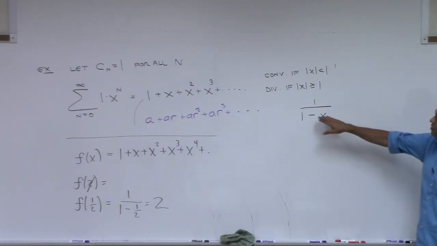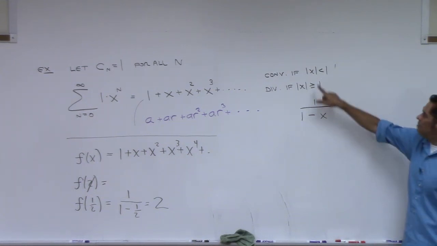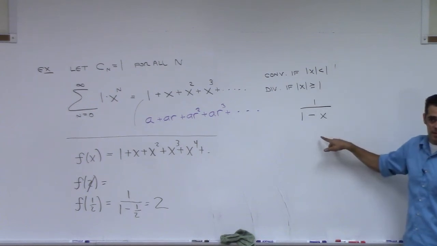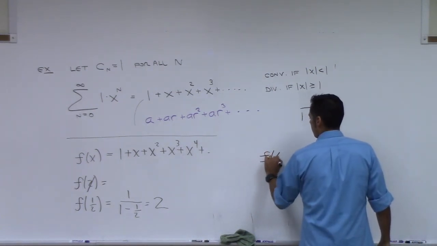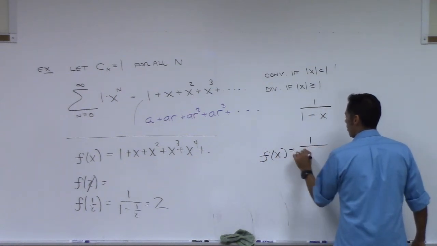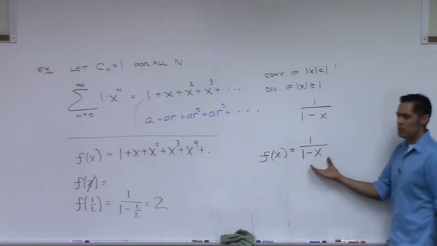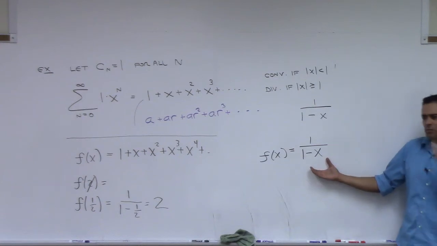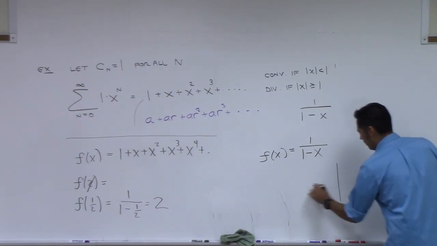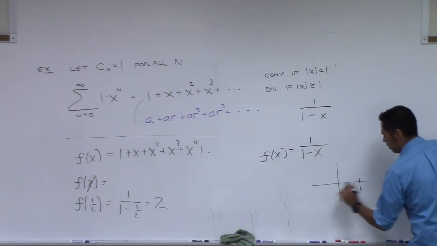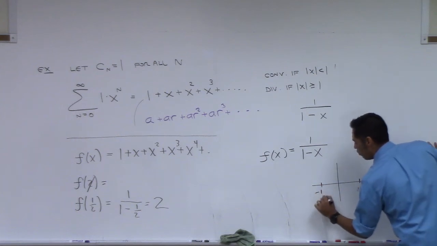All right, so this is what it converges to, right? If the absolute value of x is less than 1, it converges to this. Another way you can look at this is this. If I came into this class today and I said, hey everyone, see that function? Everyone would be like, oh yeah, from college algebra, that's a rational function. Great, whatever, right? Well, guess what? So long as you look at that function just between negative 1 and 1, okay?